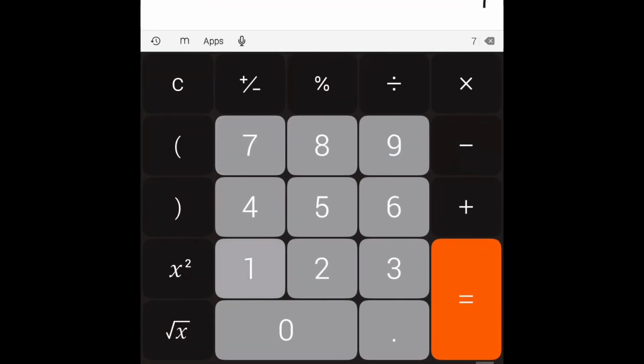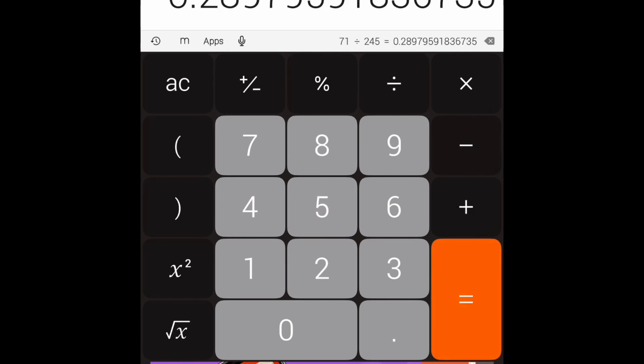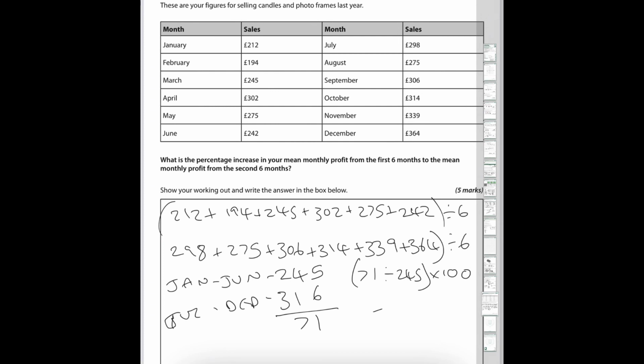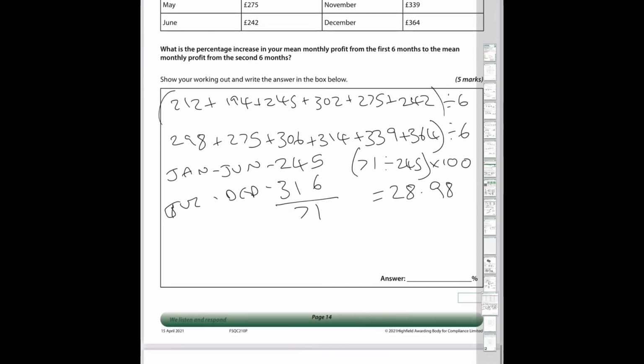So let's do that. 71 divided by 245 times 100. 28.98. So your percentage increase is 28.98. So you put that in the answer down here. 28.98%.